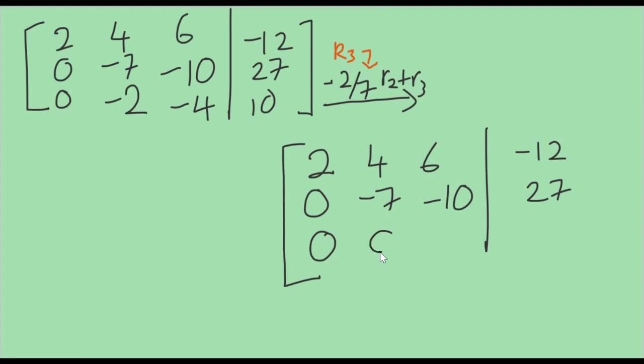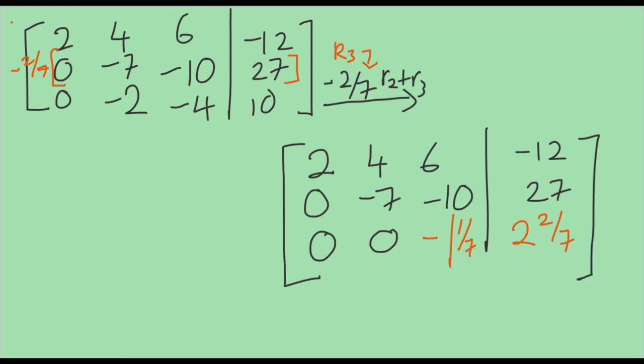And this value would be 0. Negative 2 over 7 multiplied by the second row plus the third row. So negative 2 over 7 multiplied by negative 10 plus negative 4 gives us negative 1 over 7. Performing the same operation, we would get the value 2 over 7 here.